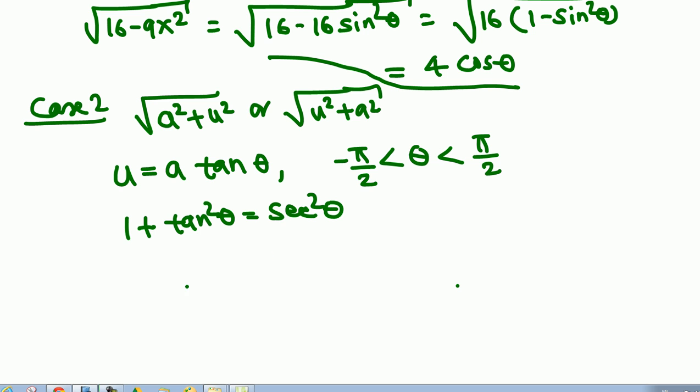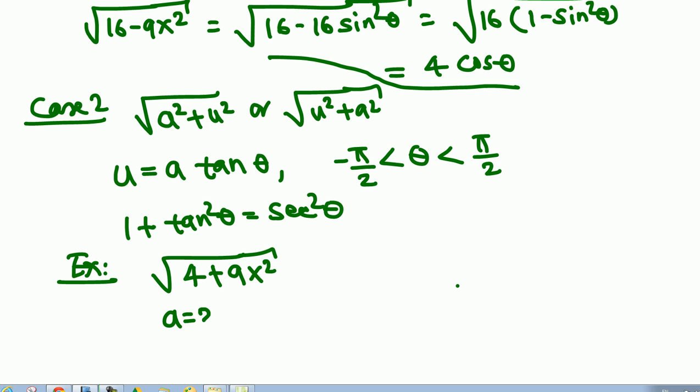For example, let's take the root of 4 plus 9x squared. In this root, 4 is 2 squared, so a is 2, and 9x squared is 3x quantity squared, so u is 3x. We have this form.